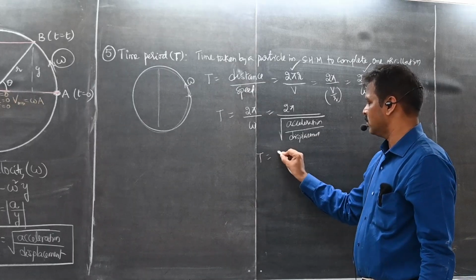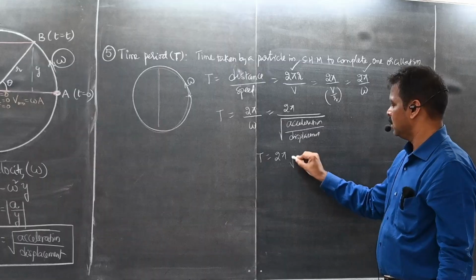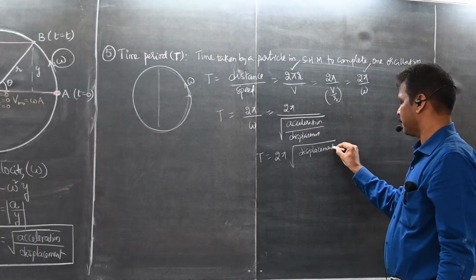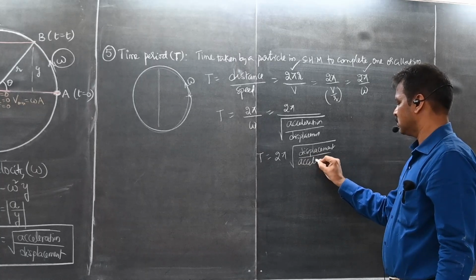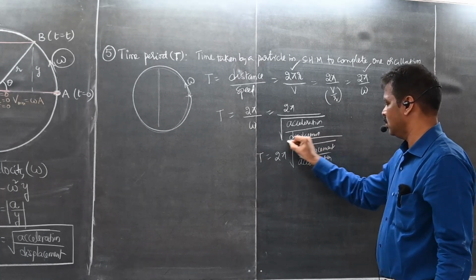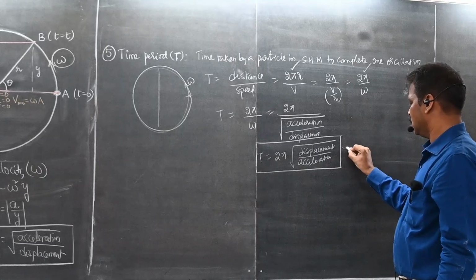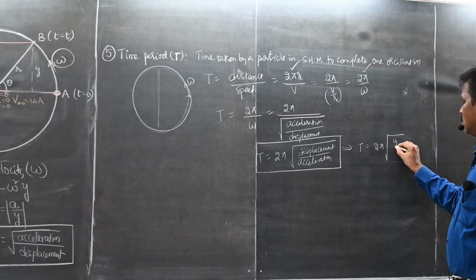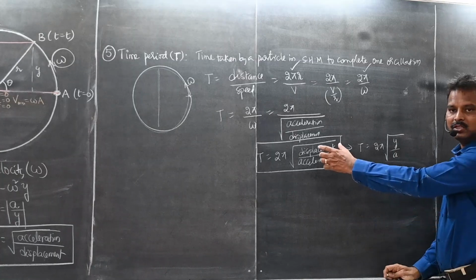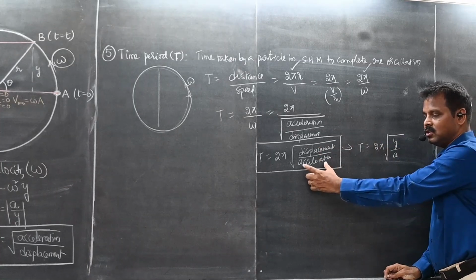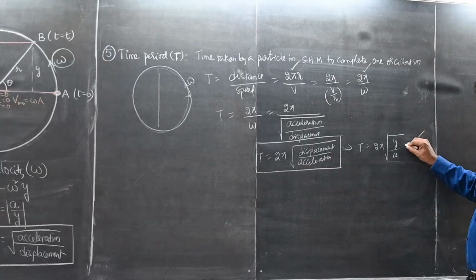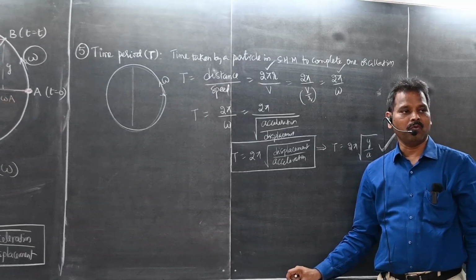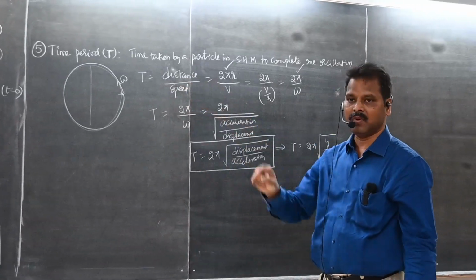So the time period is given by 2 pi, and this goes up, root over displacement by acceleration. If you know the omega value, we can find it. This can also be written as T is equal to 2 pi root y by a, since the displacement symbol is y and the acceleration symbol is a. This is the equation for the time period of a simple harmonic oscillator. This is point number 5.